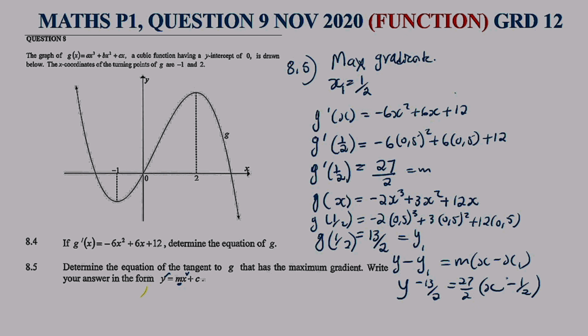If you put this into your calculator, you should reach an equation. Because you guys are in matric, I'm going to leave the algebra for you to sort out. You can pause this video, write the answer for yourself and double check if you got it right. But this is what I got: y equals 27 over 2 x minus 1 over 2. And that's how you would deal with a question like this one, guys.